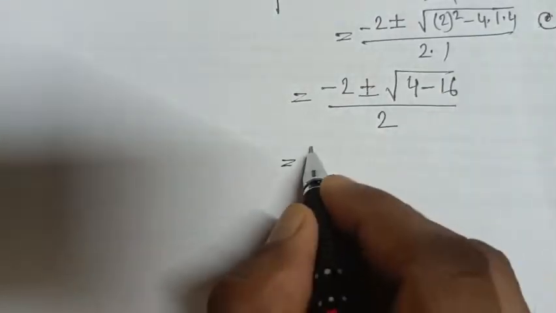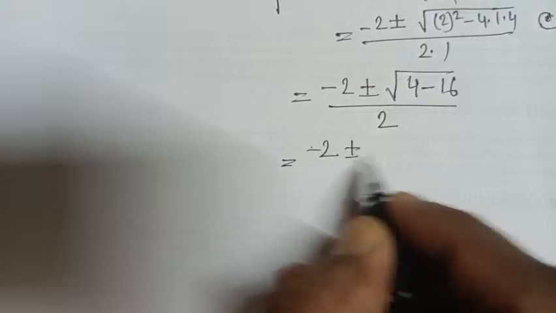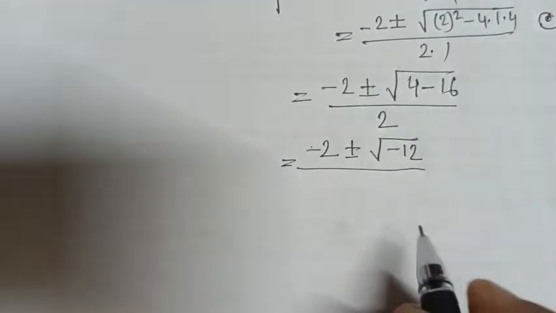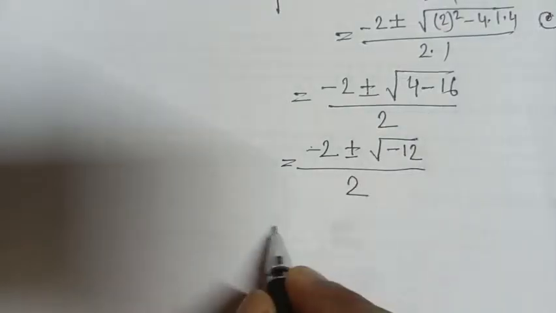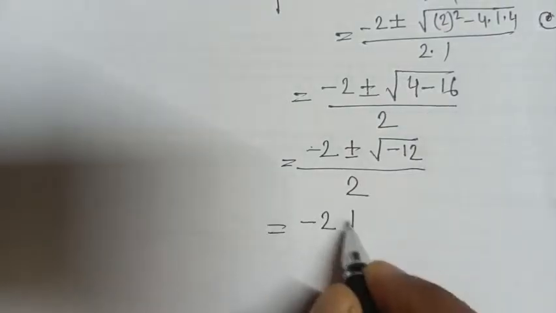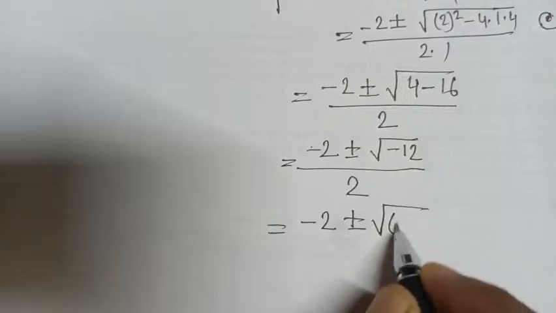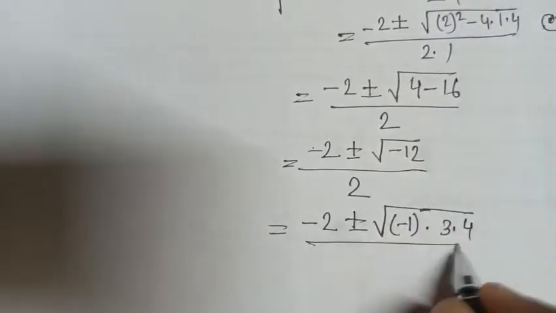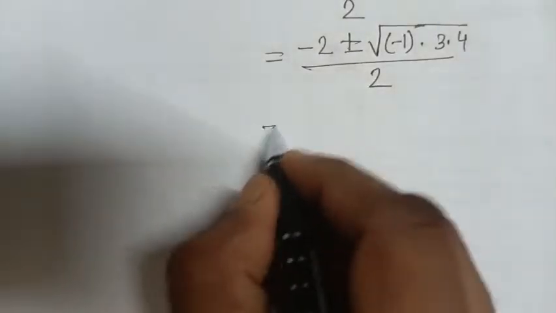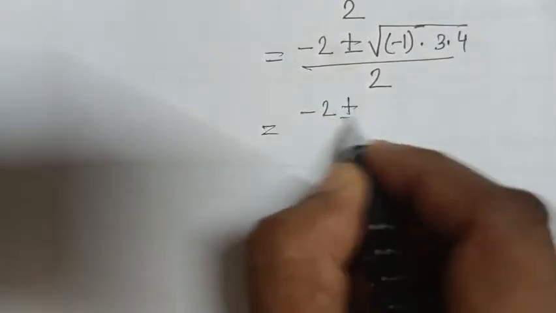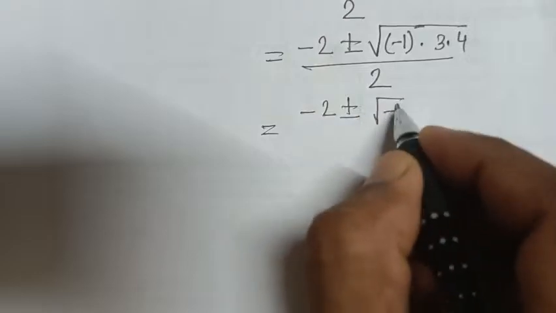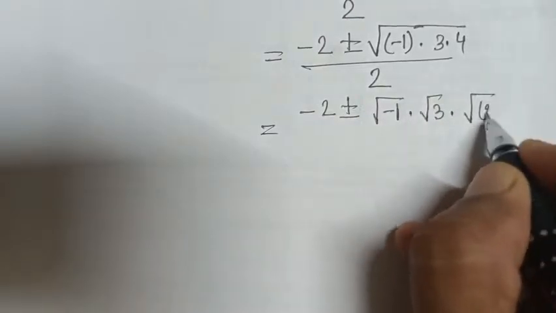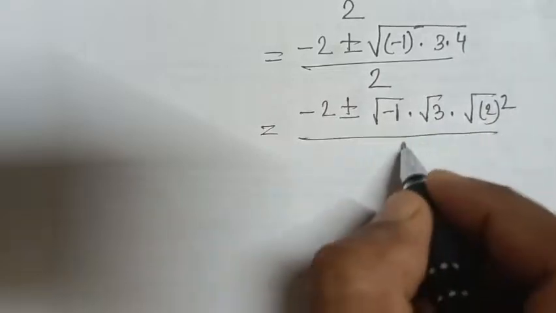Then again we get the root of minus 12 by 2, that is 2 plus or minus the root of minus 1 into 3 into 4, by 2, that is 2 plus or minus the root of minus 1 into the root of 3 into the root of 2 squared, by 2.